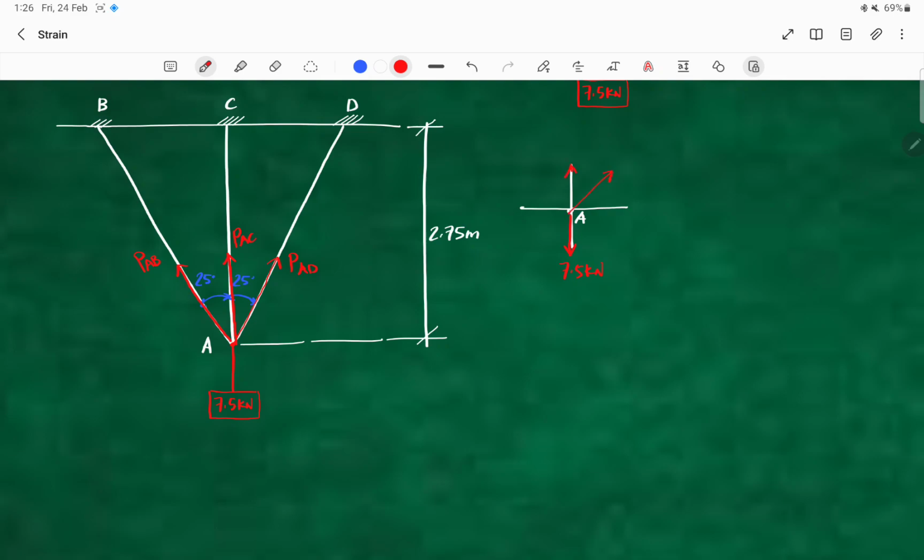Meron tayo ditong mga inclined load and vertical load. This is force ni EB at angle 25 degrees. Ito yung force ni EC. And ito yung force ni ED at angle 25 degrees. Ngayon, kung gagawa tayo ng equation dito, equilibrium equation.